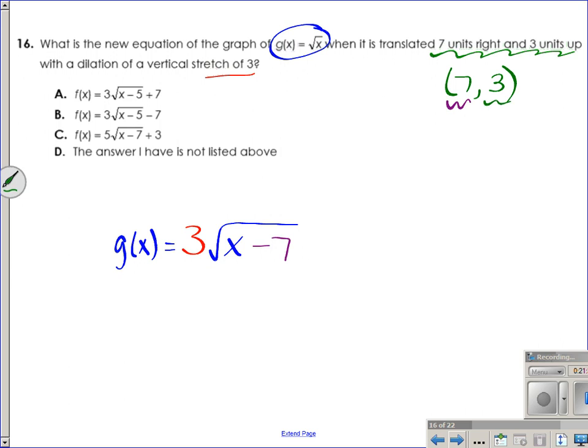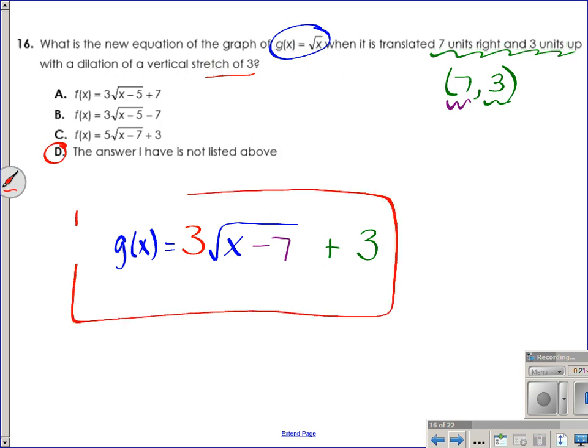So since it's a positive 3, we're going to put plus 3 at the end. And when you look at all 3 of your options, you should notice that that's not an option. So that's why the answer was D. The answer I have is not listed above, but please know that this is the correct equation for number 16.